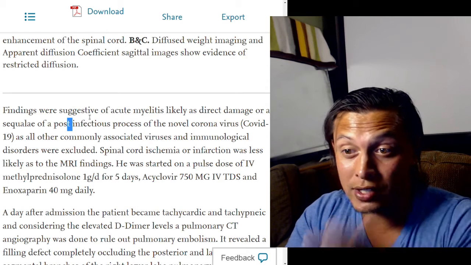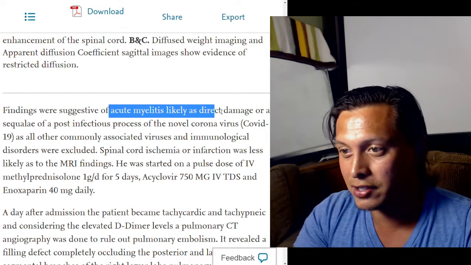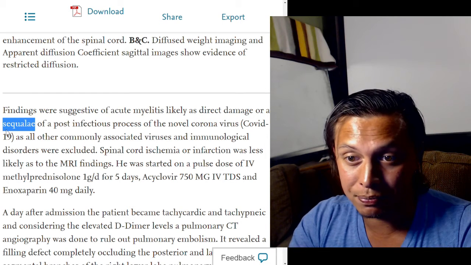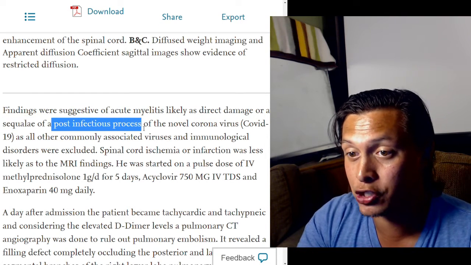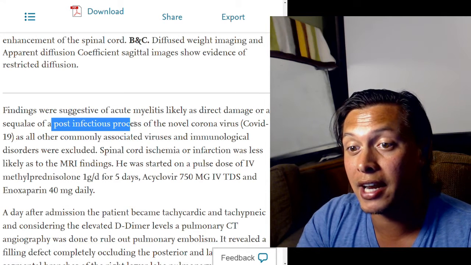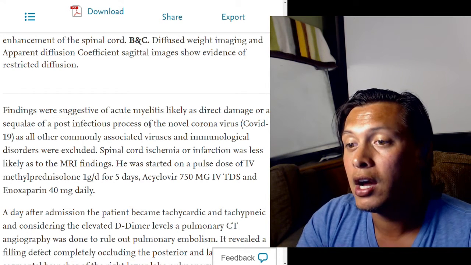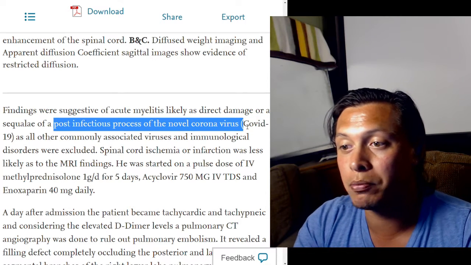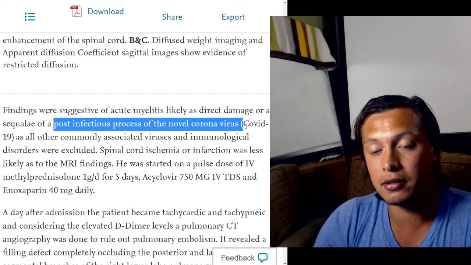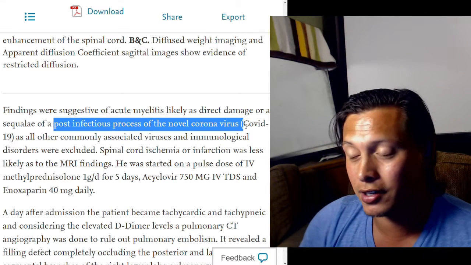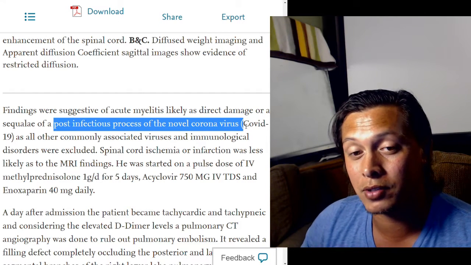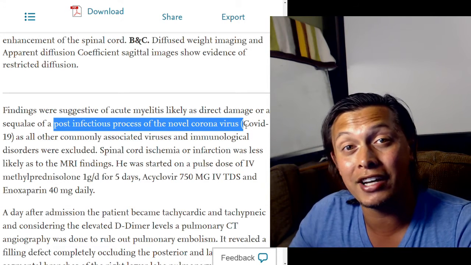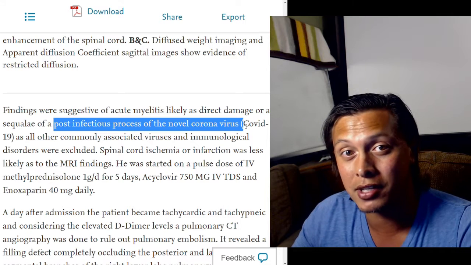So findings were suggested of acute myelitis, likely as direct damage or a sequelae or a complication of a post-infection process, so something that's not happening during infection, of the novel coronavirus. But this should be in question too, because just today I released a video talking about how some people might actually be testing positive for up to 92 days after their symptoms kick in.